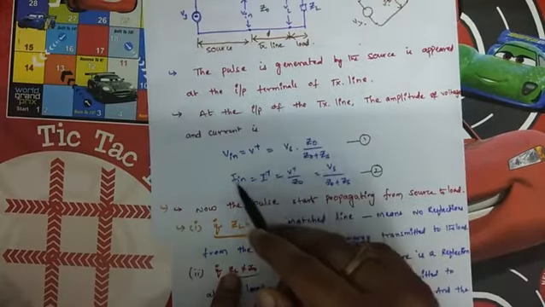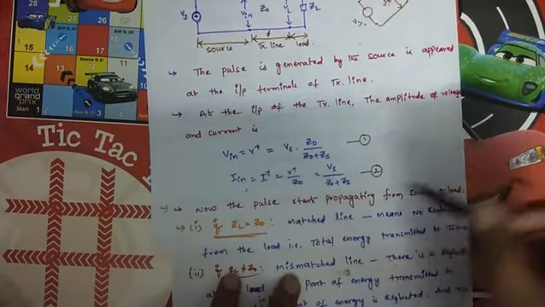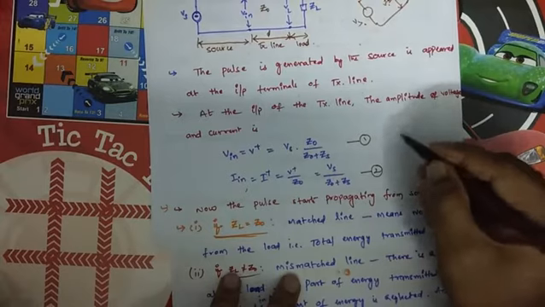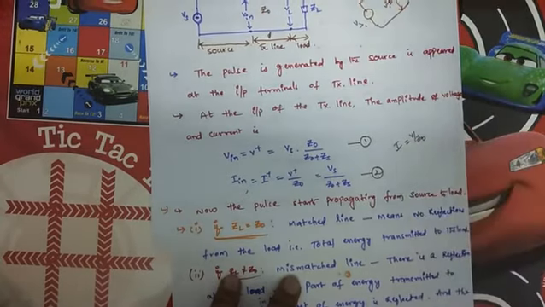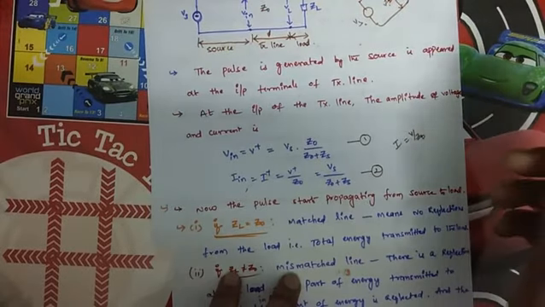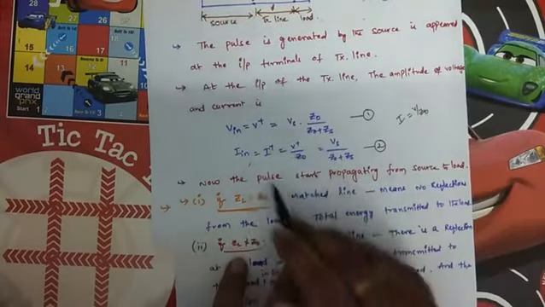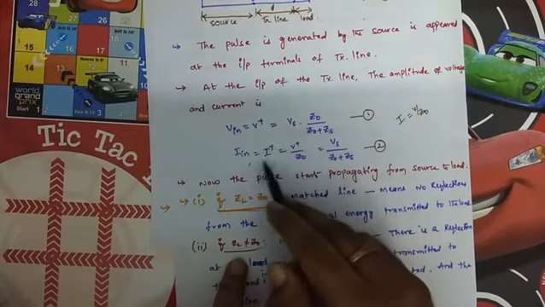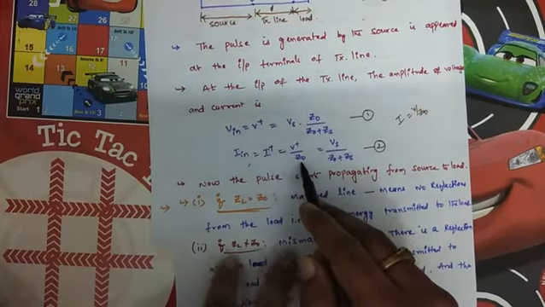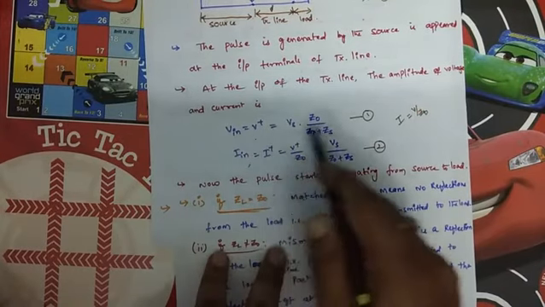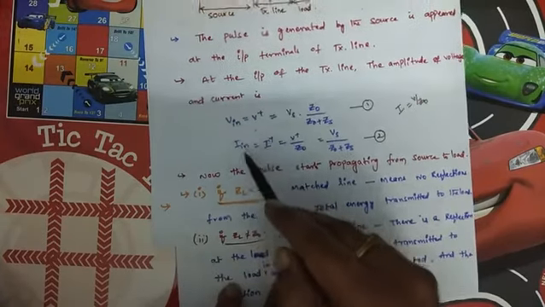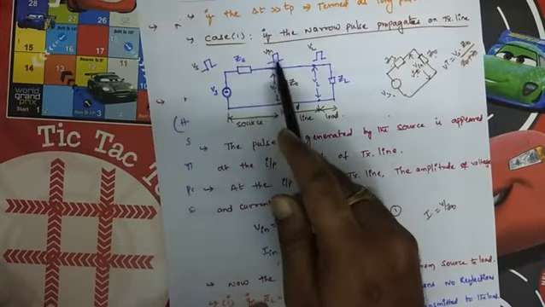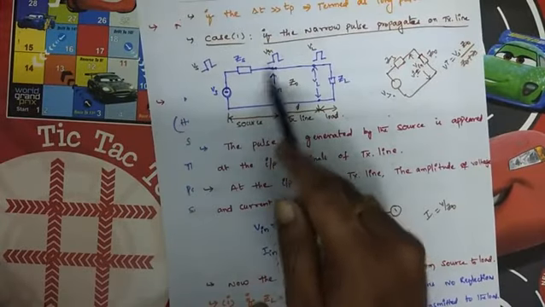Similarly, the current of the pulse is defined from the voltage and impedance: I equals V by Z0. So I in, or I plus, equals V plus by Z0, which becomes Vs divided by Z0 plus Zs. This is the voltage and current of the pulse generated by the source that appears at the input of the transmission line.